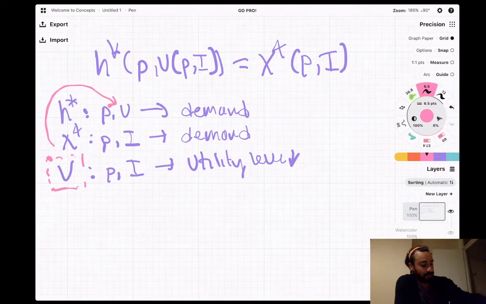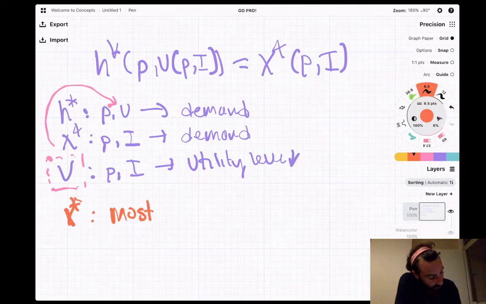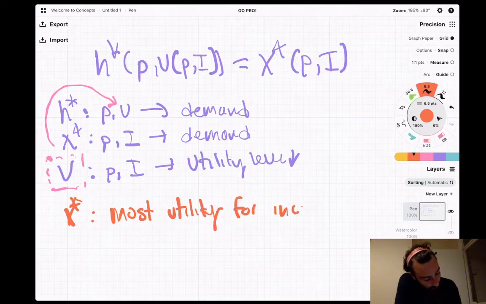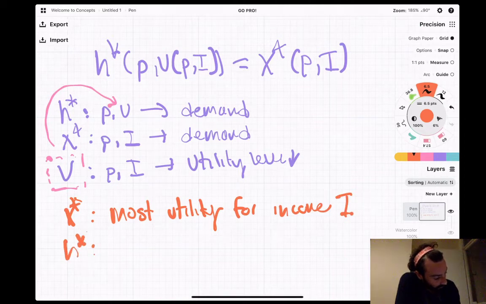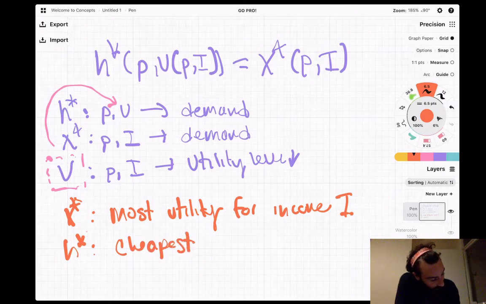And the interpretation here is, so what is X star? X star is the most utility I can get for income I, right? So X star is the bundle. X star is the most utility for income I. And H star is the cheapest way to get a given utility.